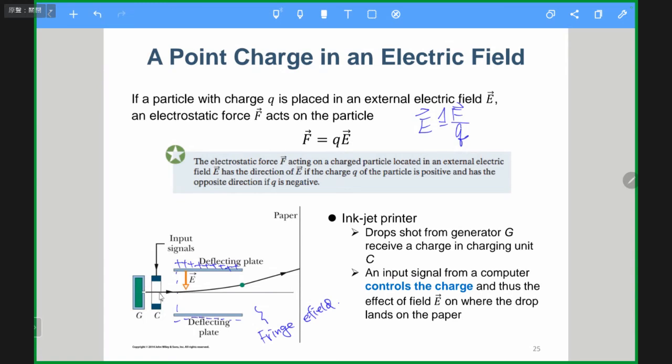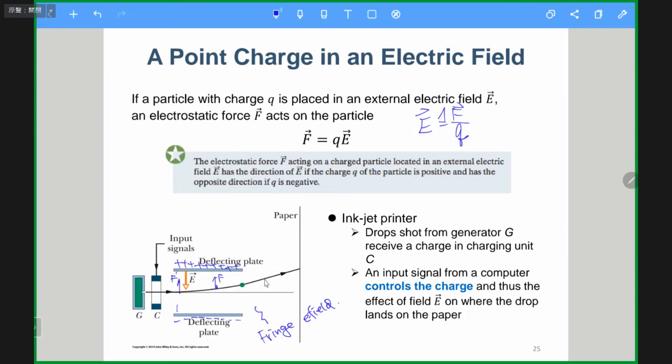Of course, the charge will be negative, because you add some electrons to the ink. And if the charge is negative, then the force will be pointing upward throughout the capacitor, throughout the parallel charge plates.